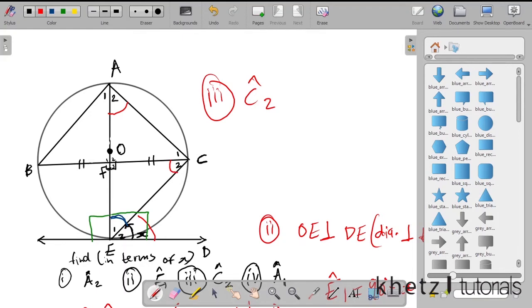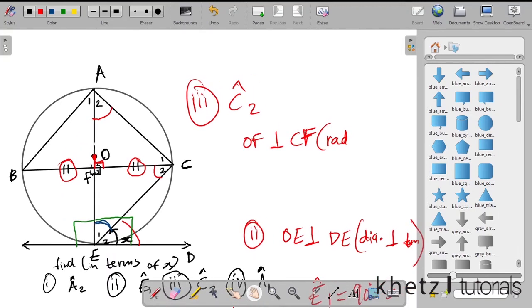If you notice here, we have a line that moves from the center and it goes to a straight line, and it divides the straight line into two equal parts, which means there's a theorem that says this is therefore perpendicular. So OF is perpendicular to CF, and the reason for that would be you have a radius that splits a line.